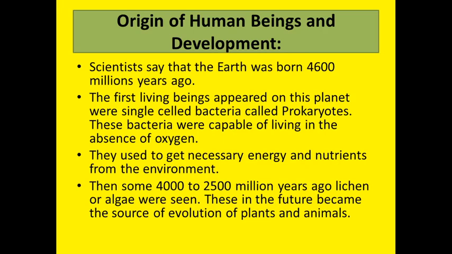These bacteria were capable of living in the absence of oxygen. They used to get necessary energy and nutrition from the environment. Then, some 4,000 to 2,500 million years ago, lichens or algae were seen. These in the future became the source of evolution of plants and animals.